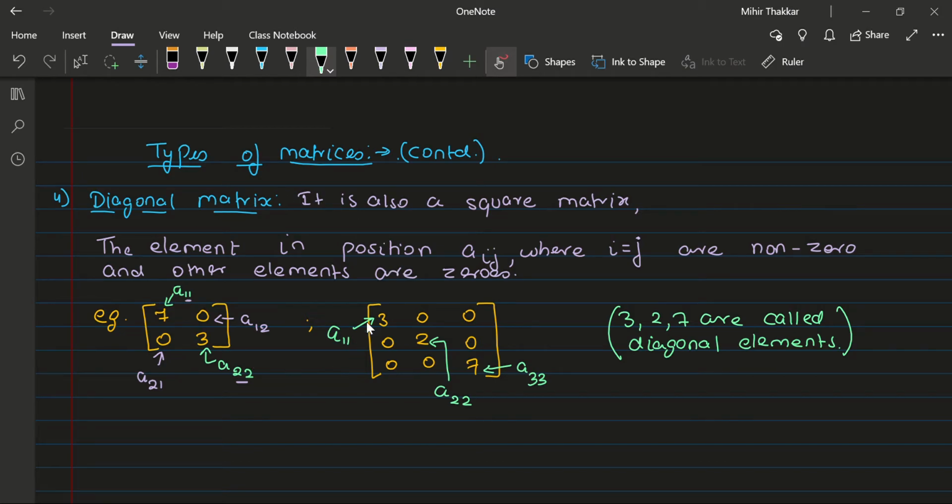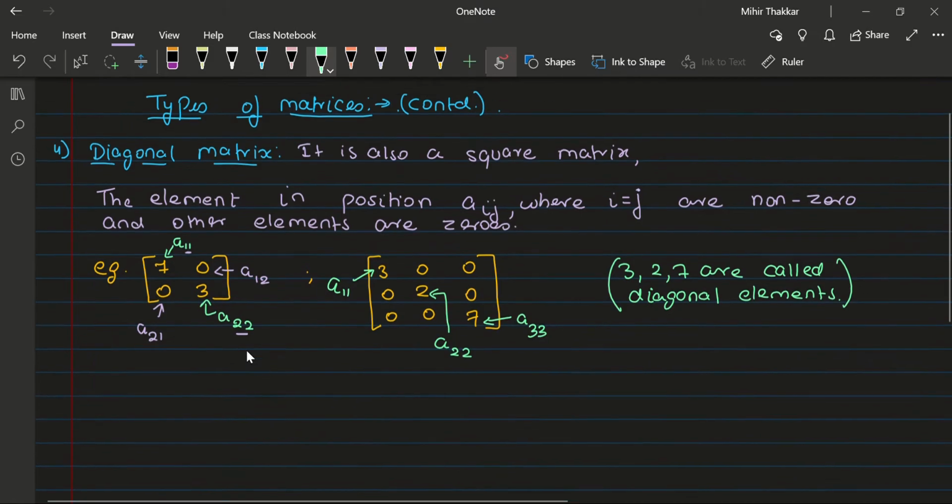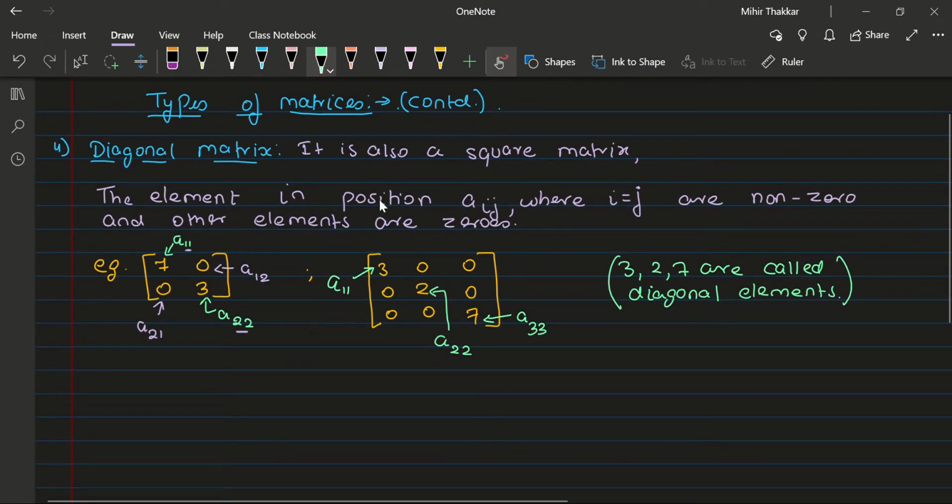Based on this, there are two or three more types based on the diagonal matrix. So let us see what is the next. Number 5, called a scalar matrix.